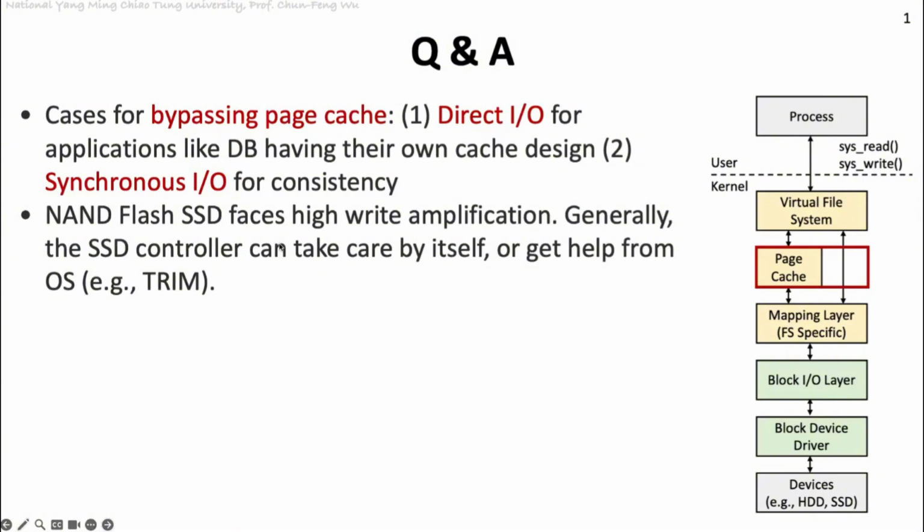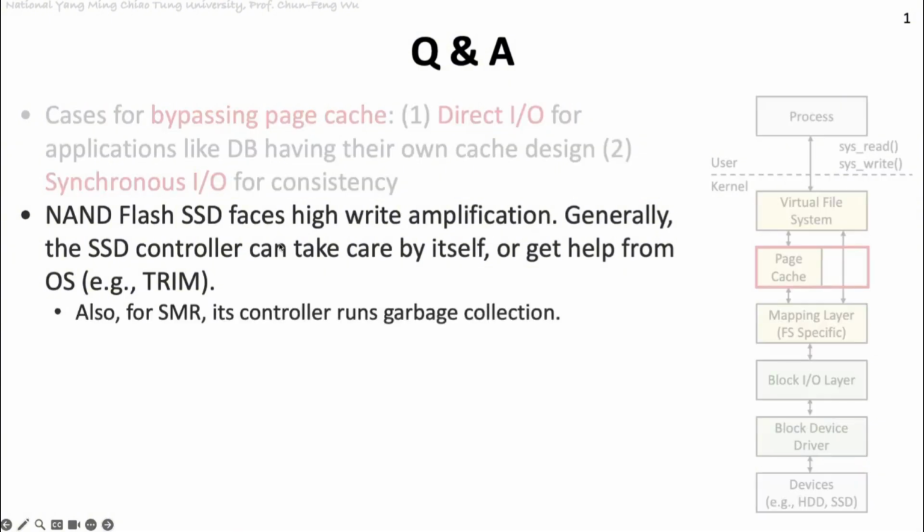The second one is about NAND flash SSD. Someone is asking about the several issues NAND flash SSD will face, like write amplification and lifetime issues. The SSD controller inside the SSD can take care of these. There are some special cases where the operating system can help.